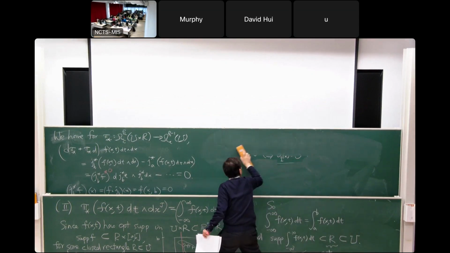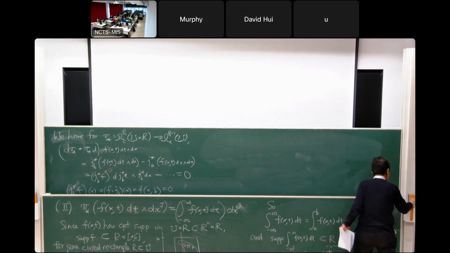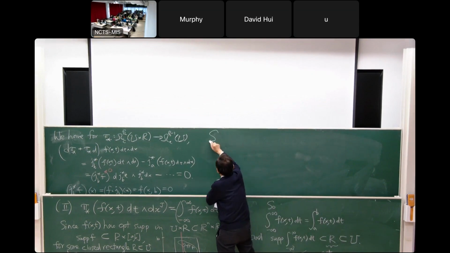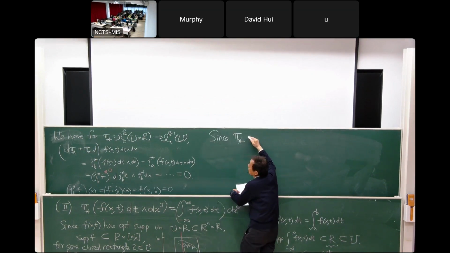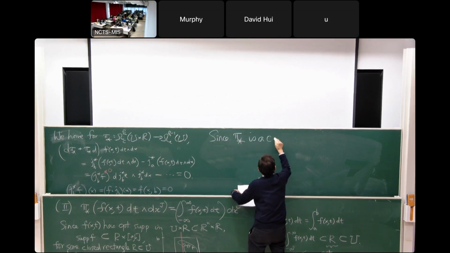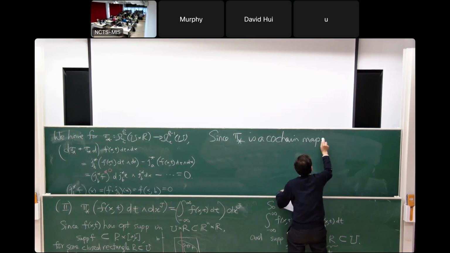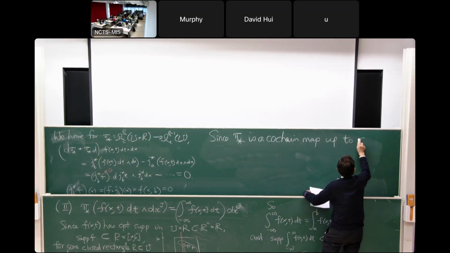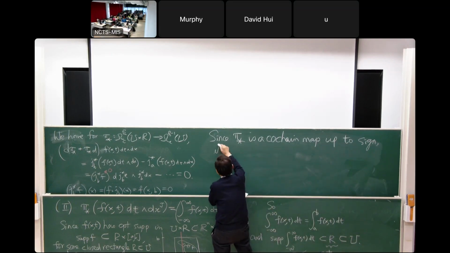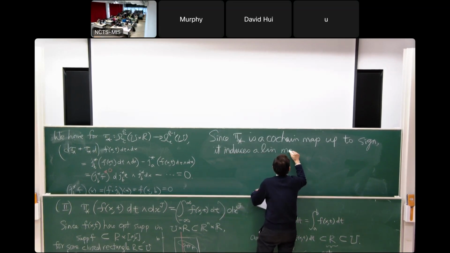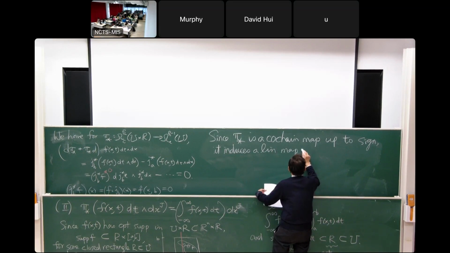So since pi lower star is a co-chain map up to sign, it induces a linear map in cohomology.